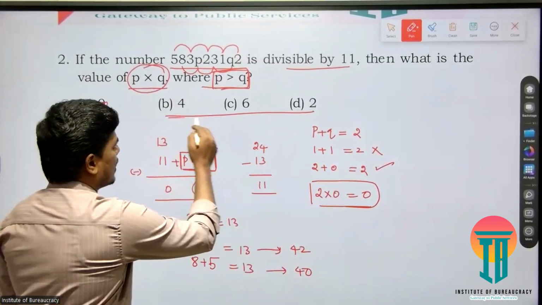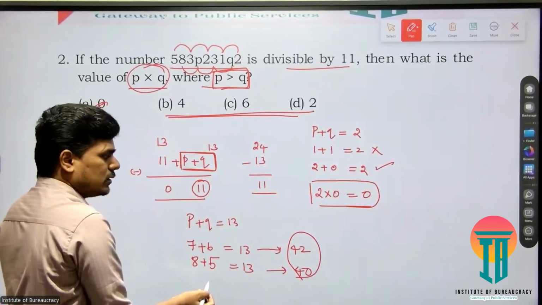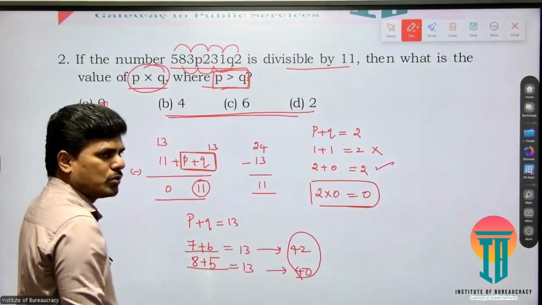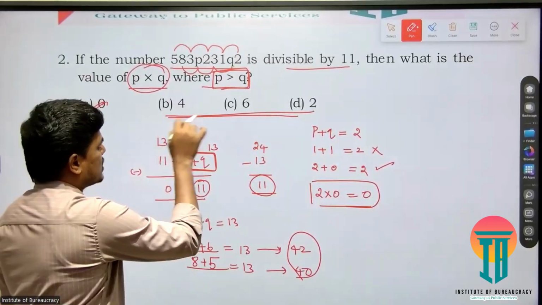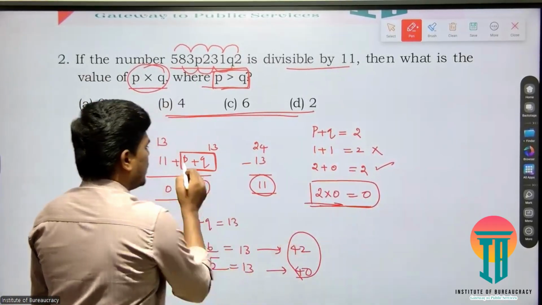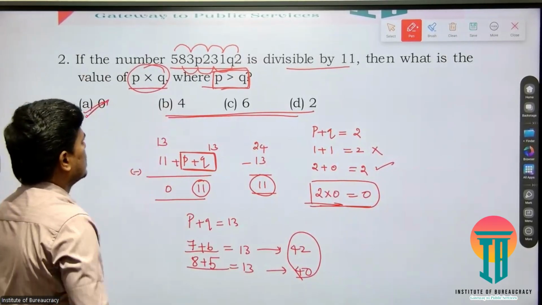So whatever they have given in the options is single digit, not a 2-digit value. If you multiply here, we are getting 2 digits when the difference is 11. Since they have given only single digits in the options, we are able to get that only when P plus Q is 2. Therefore, the answer for this question is 0.